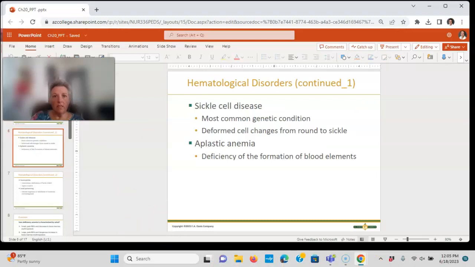Moving on to sickle cell, you need to know this. Sickle cell is the most common genetic condition. Abnormal hemoglobin S for normal hemoglobin A. It deforms the red blood cell, changing it from round to crescent shape. Tissue damage can occur all over the body.